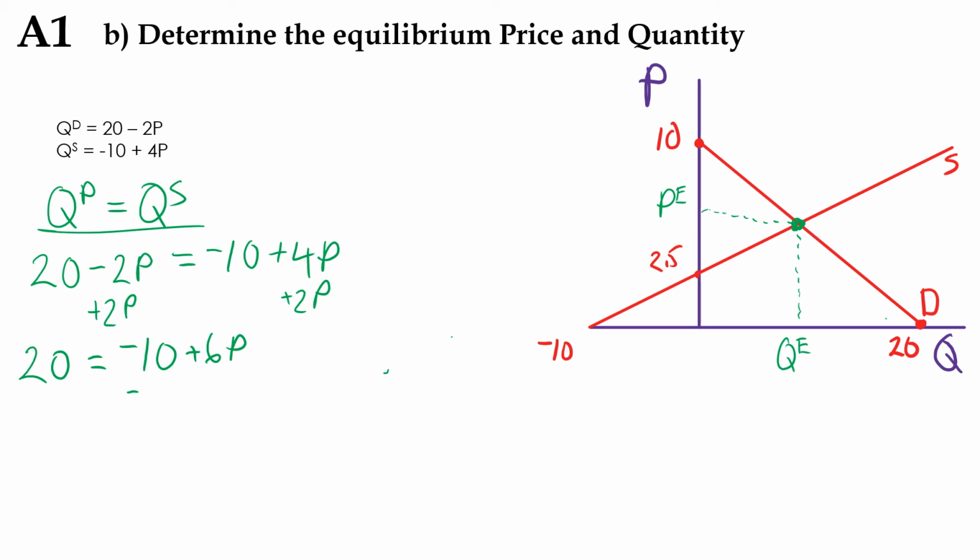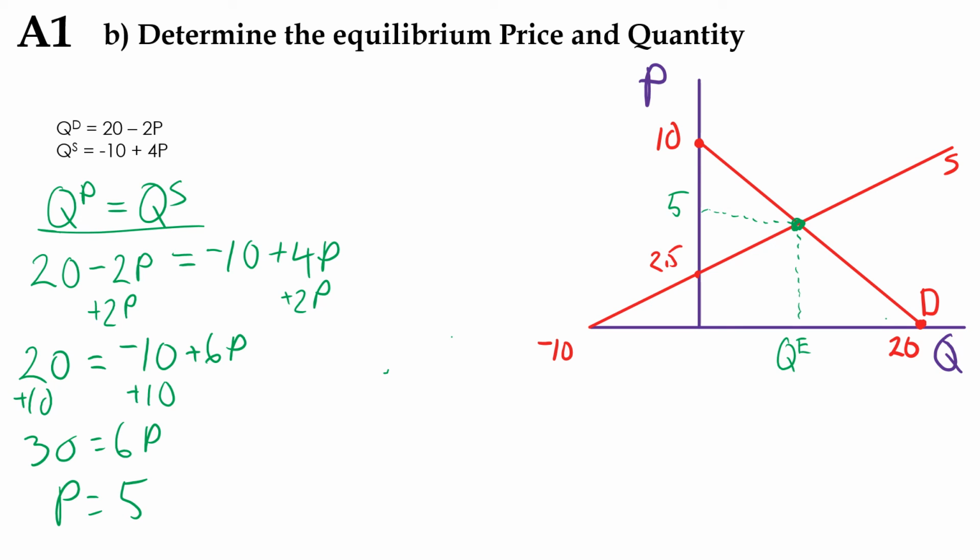Then I'll add 10 on this side and add 10 on this side. 30 equals 6P, and what does P equal? 5. So we know that P, the price at equilibrium, right here, is going to be $5.